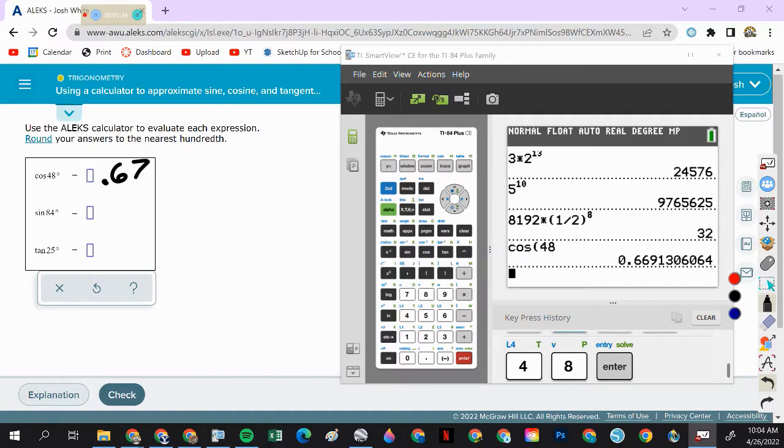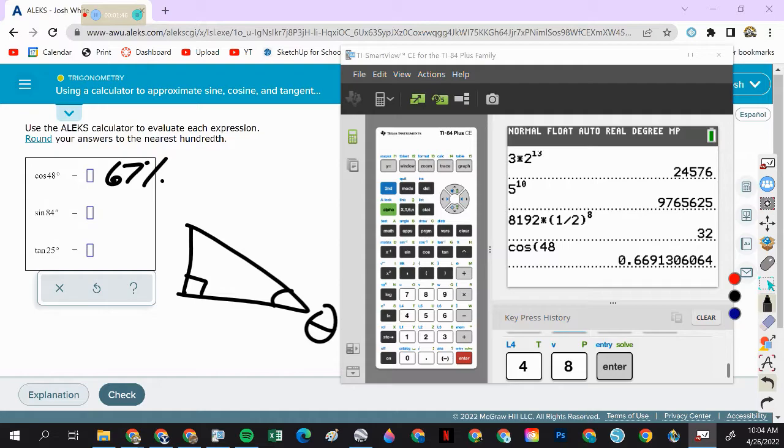What does that mean? Well, let's think of it as a percentage. So let's think of it as 67%. And in a right triangle, what does cosine represent? Which two sides does cosine use?